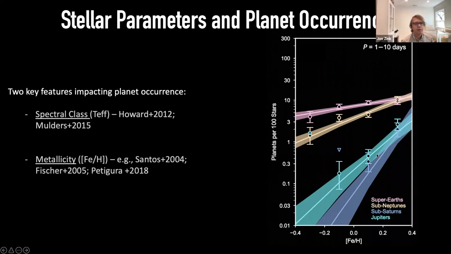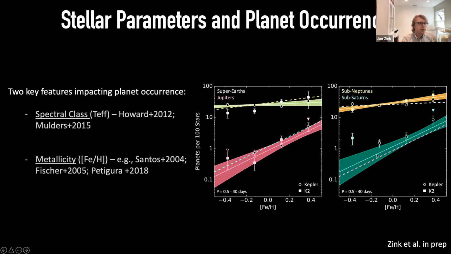Again, we wanted to verify this with our K2 sample, and we could see that the trends hold up. For the super Earths and sub-Neptunes, we're finding a pretty flat trend. It flattens out a little bit even more with the K2 sample included. We're still finding strong correlations for the sub-Saturns and the Jovian planets.